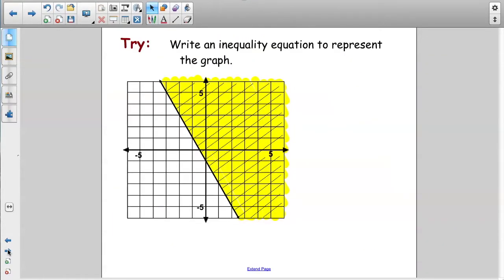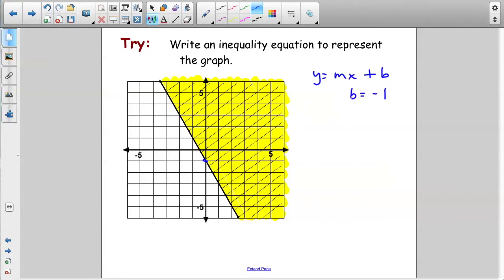So let's try this one. Okay, so let's go to our y equals mx plus b. So where is it crossing? It's crossing at -1. So b is -1. And the slope, okay, so the slope is another point. There's my triangle, it's a rise of 2, 1. So it's 2 over 1, which is 2.